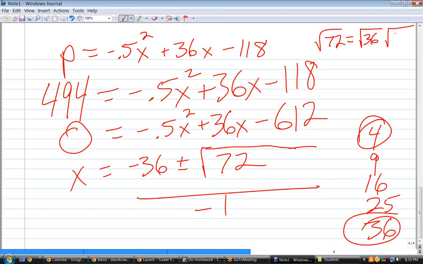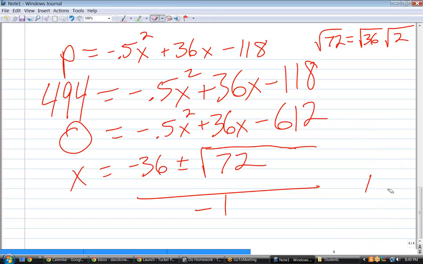So 36 times 2 is what that splits into, and what does that become? What's the square root of 36 times square root of 2 equal? What's square root of 36? 6. 6 times 6 is 36.